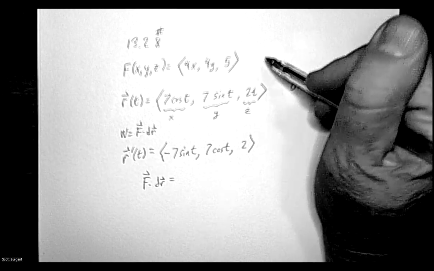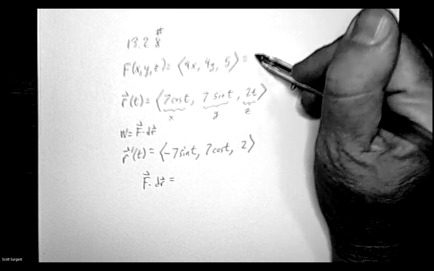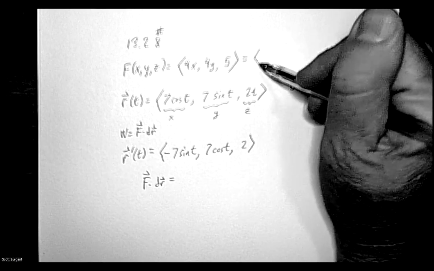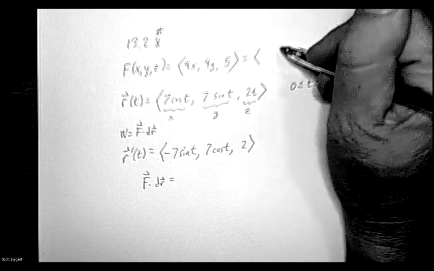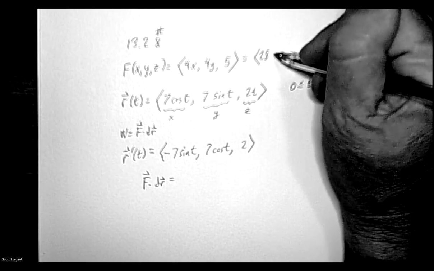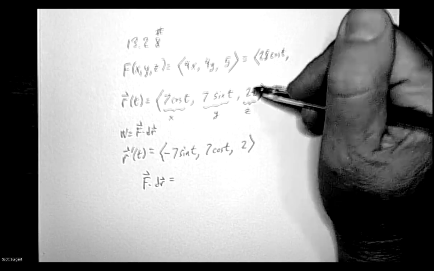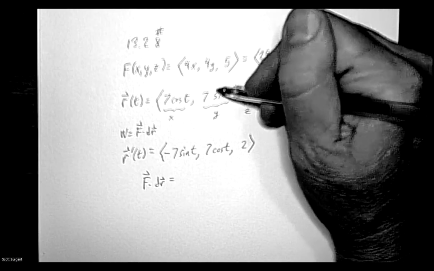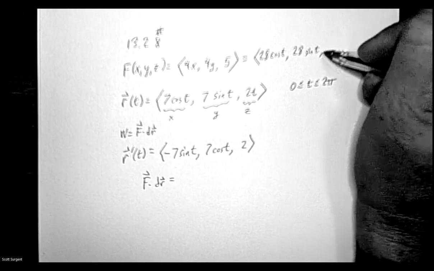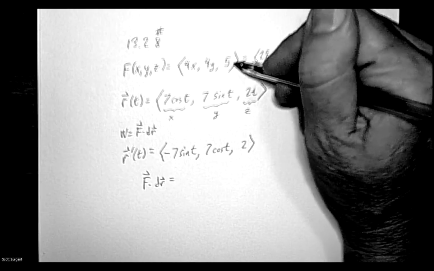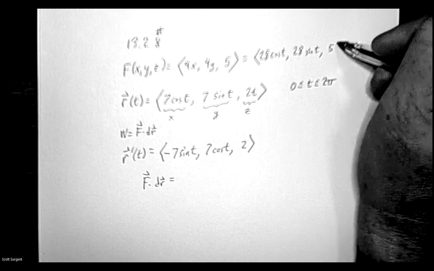I've got to take my F and convert it so we have consistent variables here. So x is 7 cos t, so this is actually going to be 28 cos t. This is 28 sine t. And that's just 5. There's no z in there, so this stays the same.